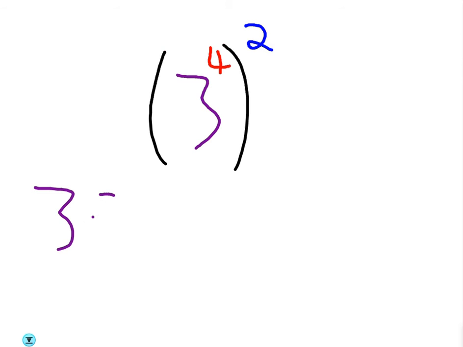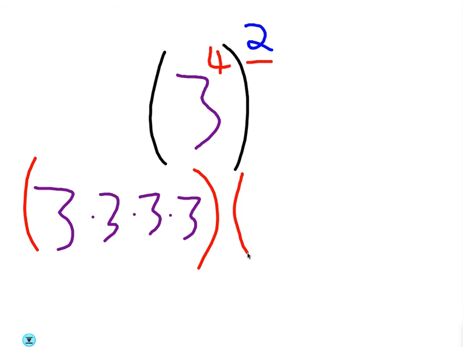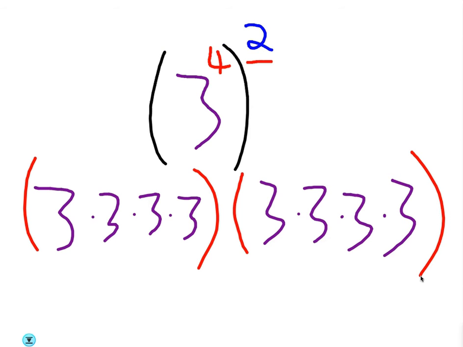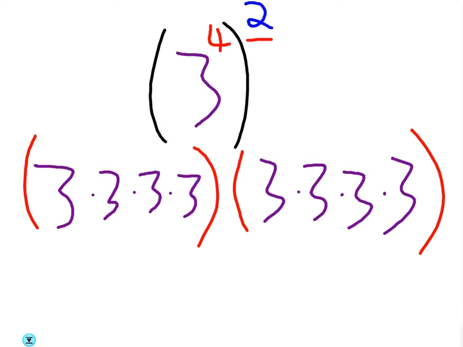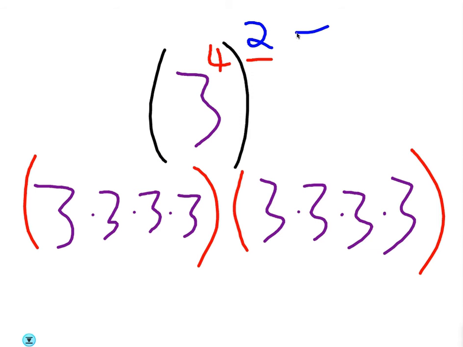3 to the 4th would be 3 times 3 times 3 times 3. And if we do that twice, it would look like this. We do it twice because it's raised to the 2nd power. So again, how many total 3's do we have now?